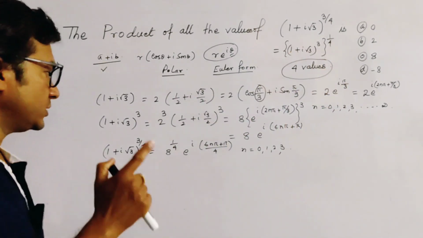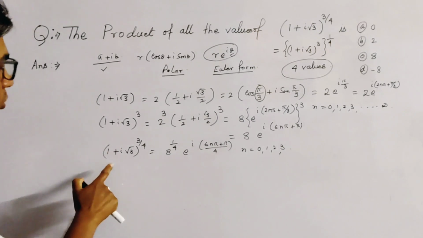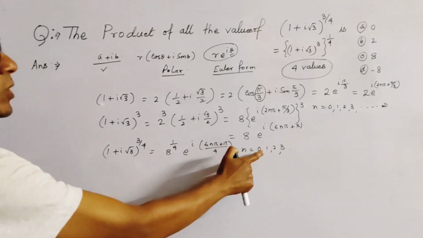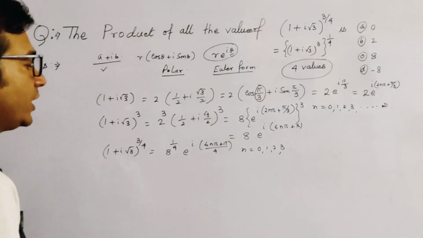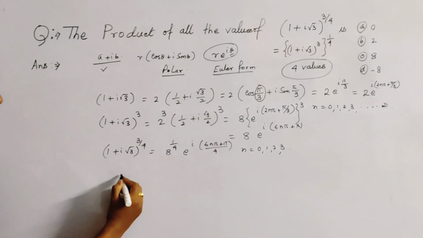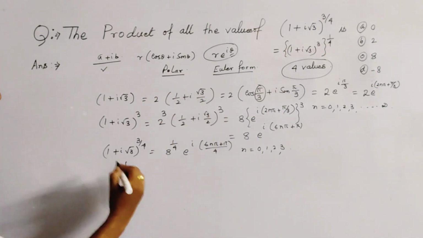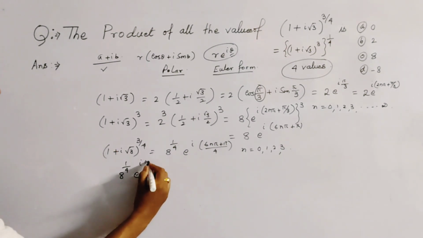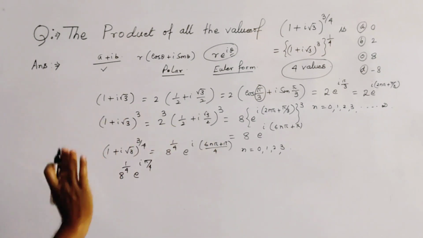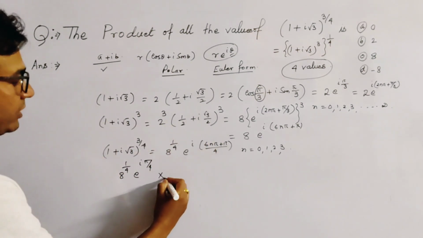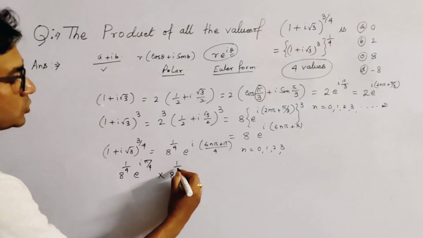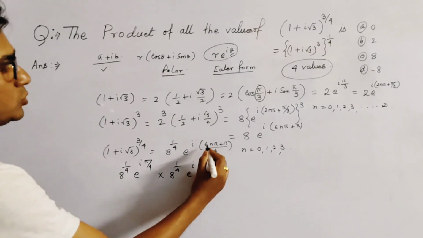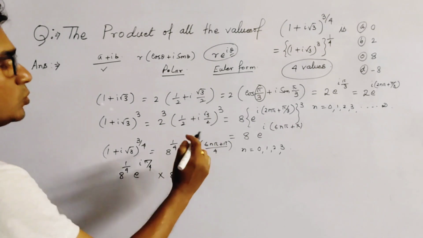Now we find the 4 distinct values by putting n equal to 0, 1, 2 and 3. The first value is 8 raised to 1 by 4 into e to the power i pi by 4, because n equals 0. The second value is 8 raised to 1 by 4 into e to the power i into 7 pi by 4, for n equal to 1.